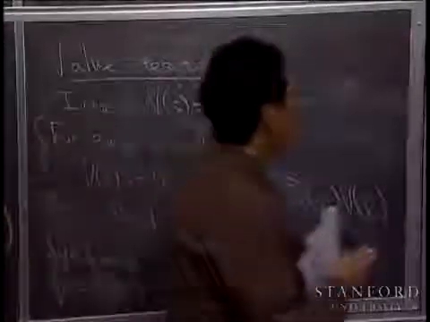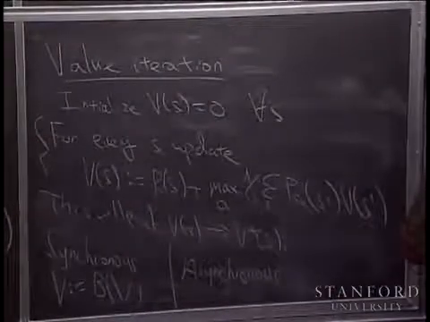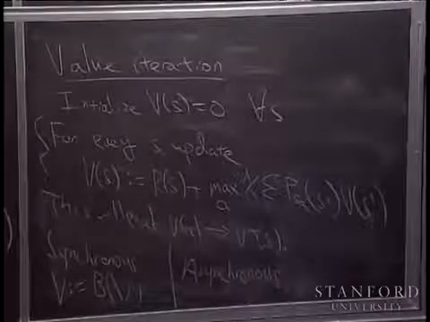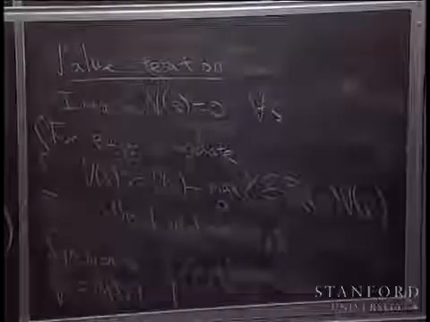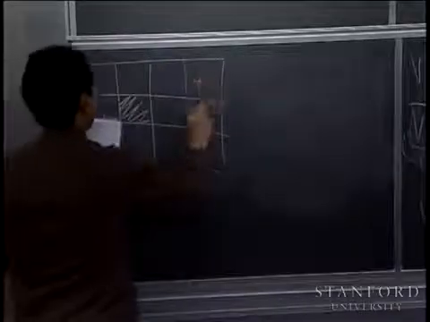Okay. So when you run this algorithm on the MDP, oh, I forgot to say, all these values were computed with gamma equals 0.99.